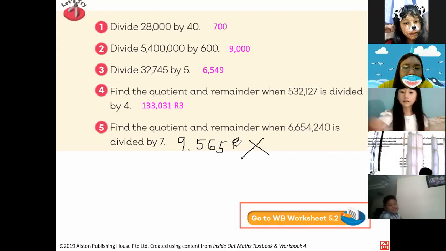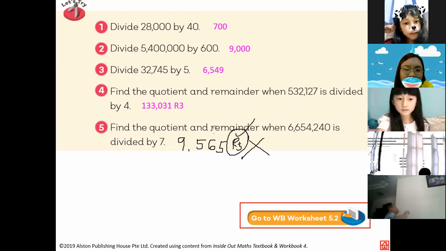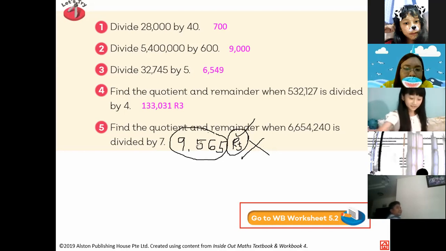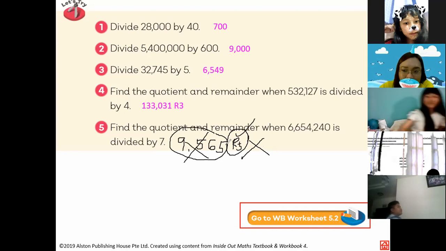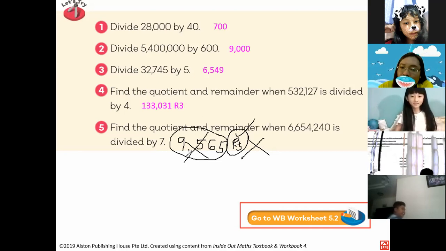R5 is correct, okay? Your remainder is correct, which is 5. But this one is wrong.